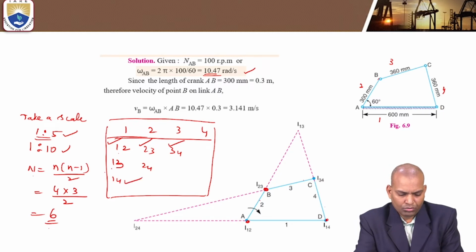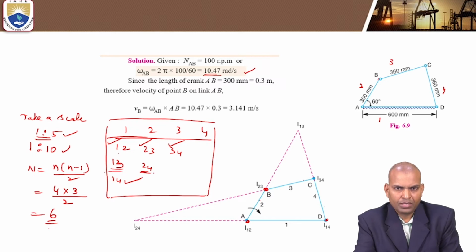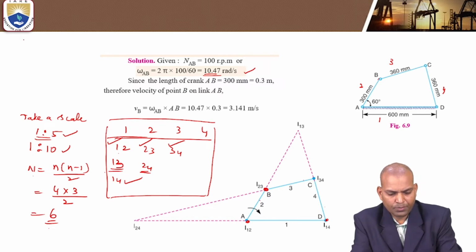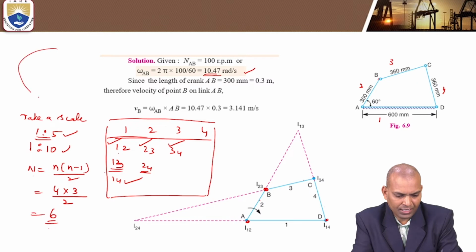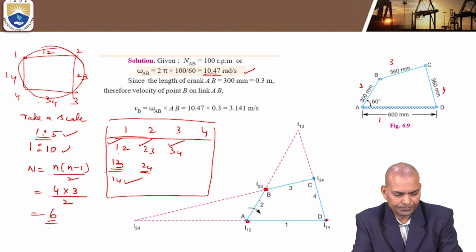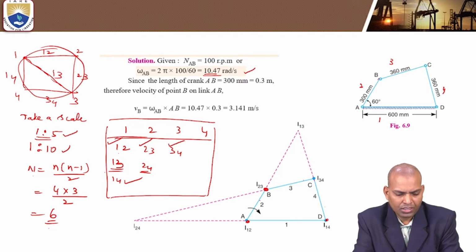Okay, after that what to do? 1 3 and 2 4 are required. So 1 3 and 2 4 come with the help of another diagram, that is called the circle diagram. 1 2 3 4, 1 2, 2 3, 3 4, 1 4. So we want 1 3. This 1 3 is on the intersection of the 1 2 2 3 straight line and the 1 4 3 4 straight line.